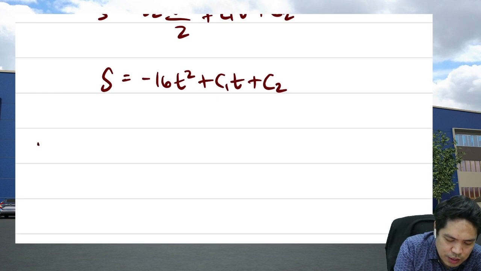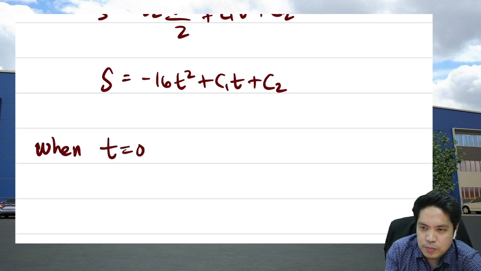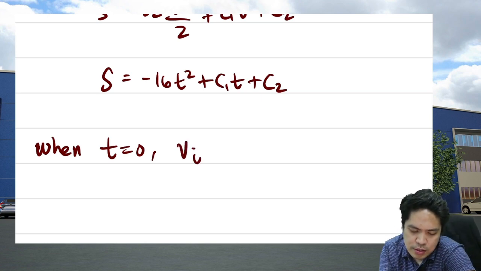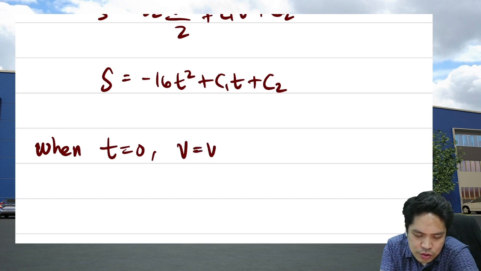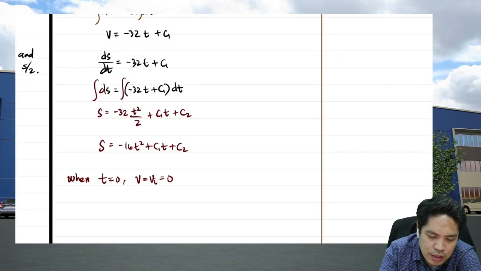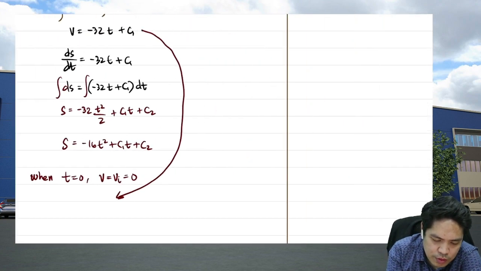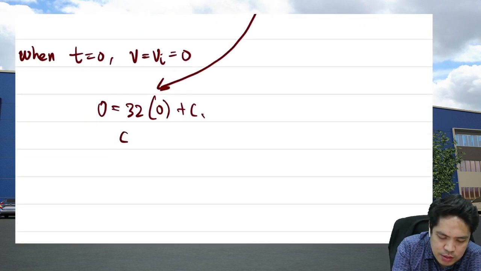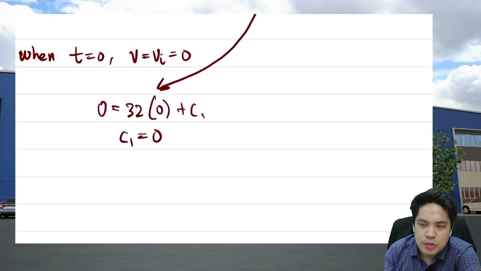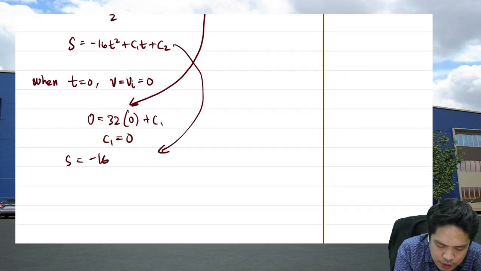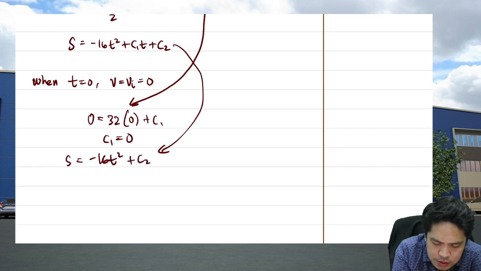So when t is equal to 0, meaning at the initial point, the velocity is equal to the initial velocity, which is 0. Okay? Then using this equation, that means 0 is equal to negative 32 times 0 plus c1. Hence, c1 is 0.